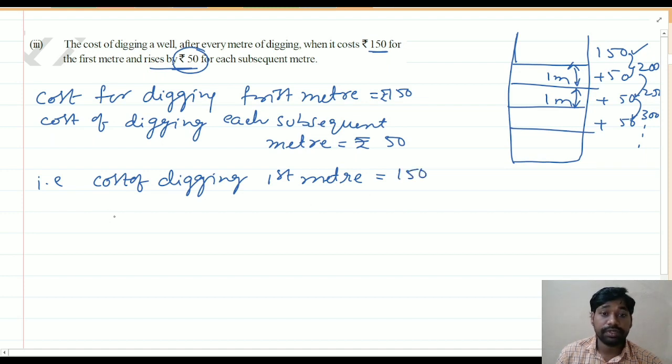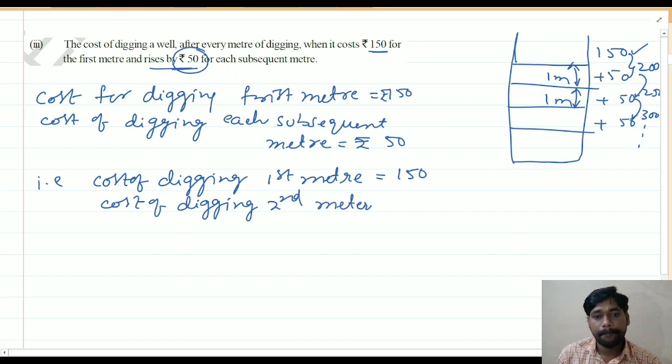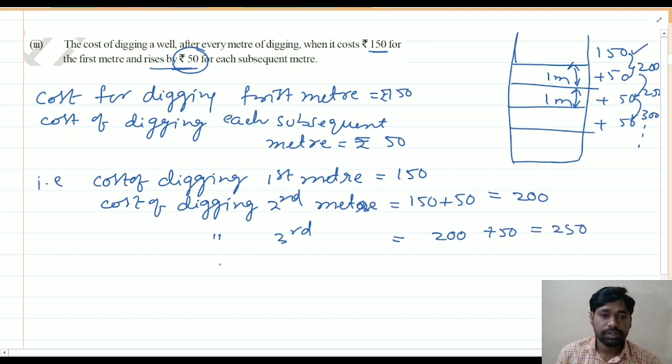The cost of digging the second meter is 150 plus 50, which is equal to 200. Similarly for the third, 200 plus 50 is equal to 250. For the fourth, 250 plus 50, we can say 300.